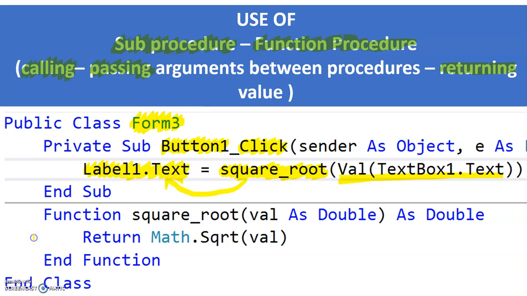Now when we call this square root function, it will jump over here, where we have that function. First you write Function, which is a keyword, then the name of the function, which is Square_Root. What are we passing as an argument? The value of the text box text. Whatever text is in TextBox1, we convert it into a value, and we pass that value to this function.